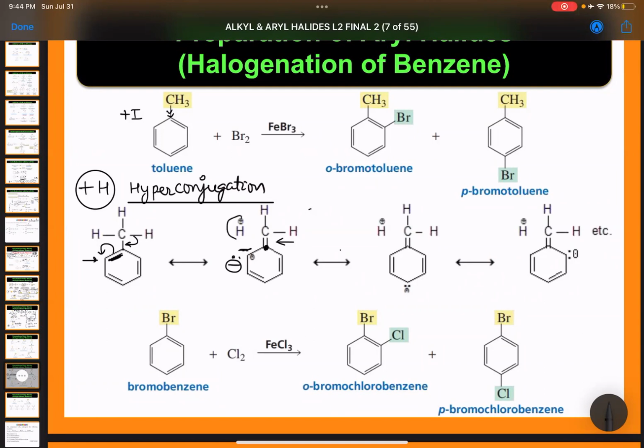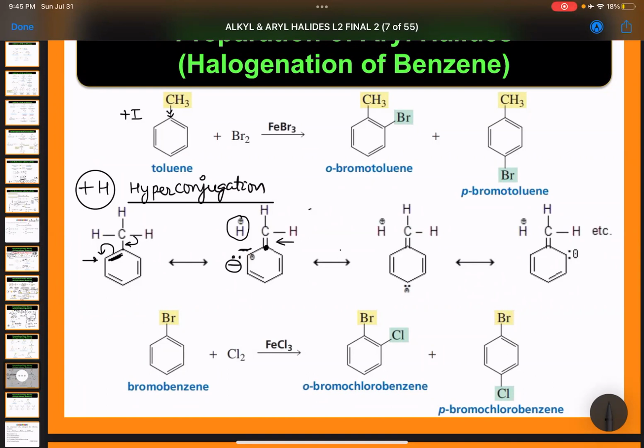Now you can see that no bond is shown between carbon and hydrogen, which means this electron density has got into the benzene ring, and at first it has appeared on the ortho position. So the ortho position is enriched by the hyperconjugation effect, which brings the electrons of the CH bond into the benzene ring.